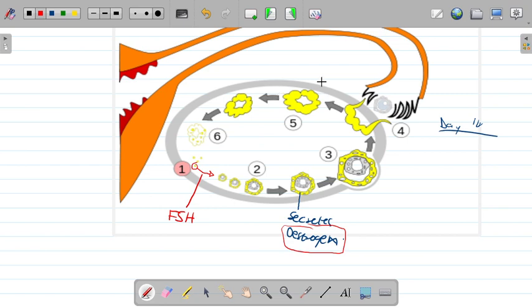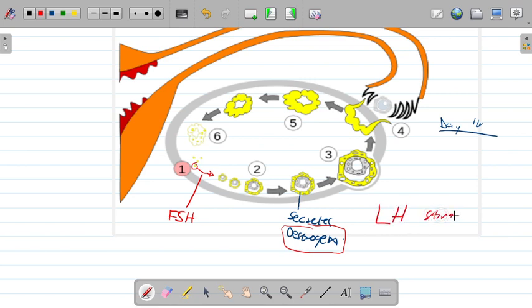All right, then on day 14, we must release the egg. And what stimulates the rupturing of the follicle? It is the luteinizing hormone. Yeah?